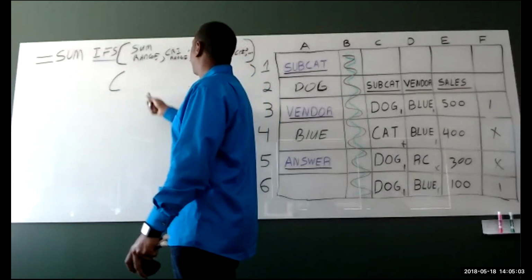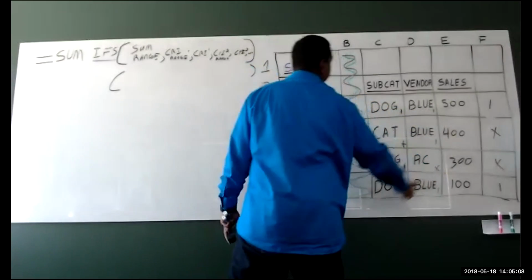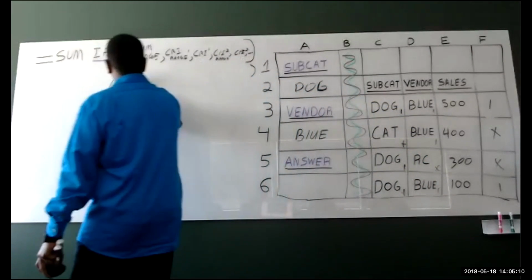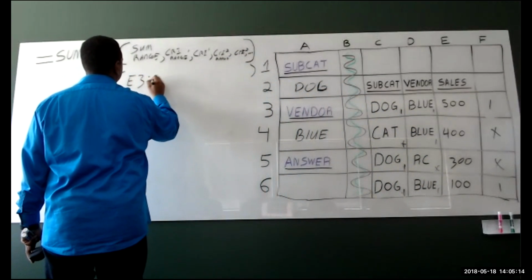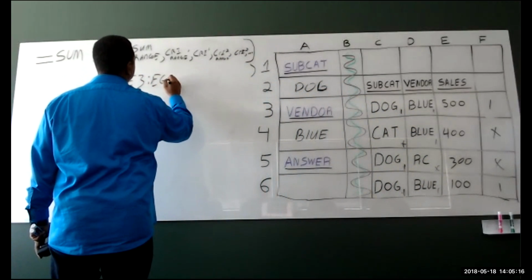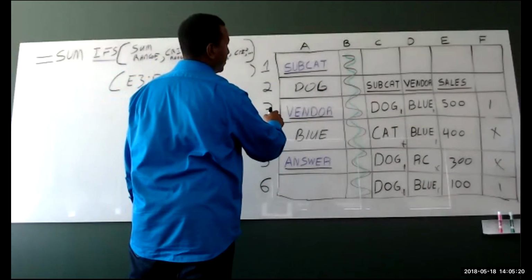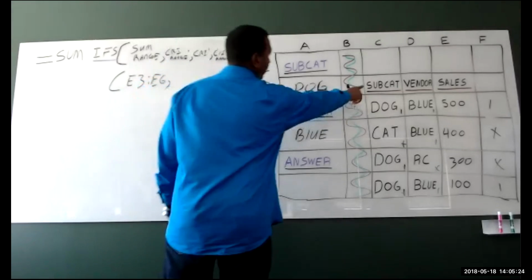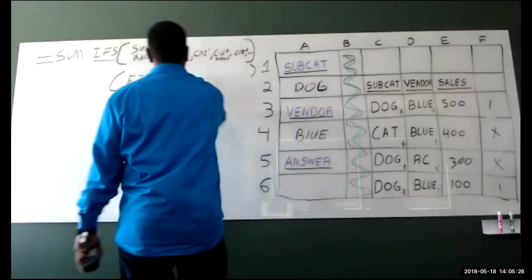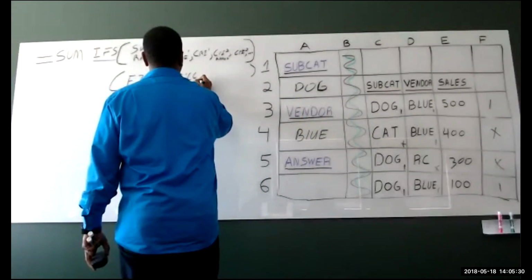Okay? So in this case, the sum range that we want is E3 to E6. The criteria range is subcategory, C3 to C6.